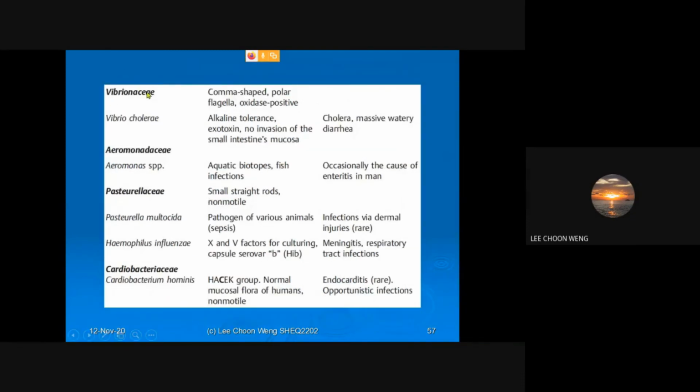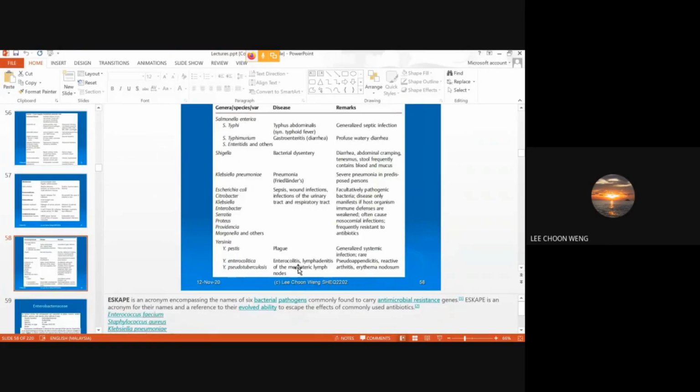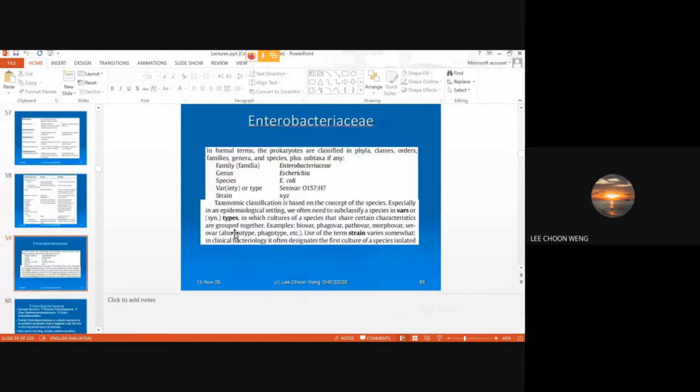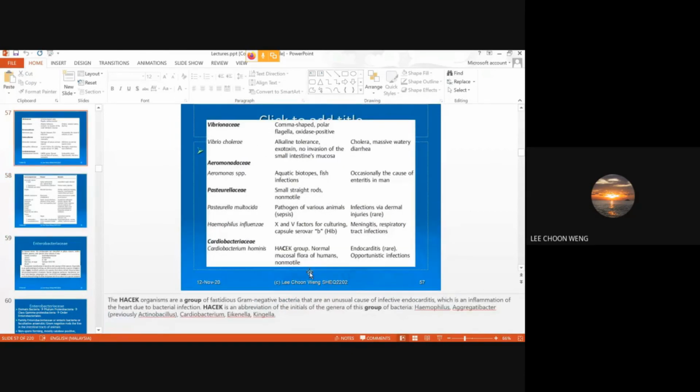So these are all under different orders. These are a new group of bacteria that is known to cause heart disease, infective endocarditis, inflammation of the heart due to bacterial infection.